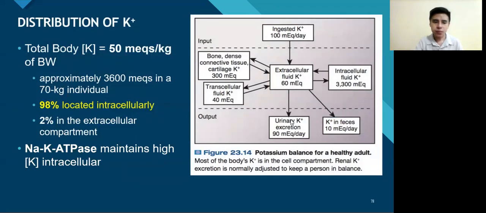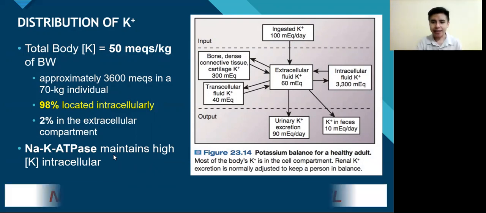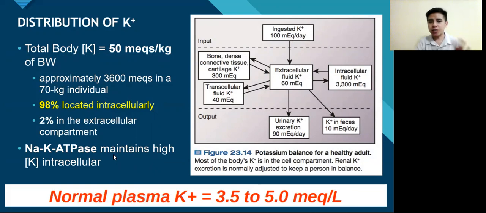The sodium potassium ATPase pump maintains the intracellular potassium high. The normal value for potassium is around 3.5 to 5.0. Some books will say 3.8 to 5.2, but that is the standard. Earlier I said the kidney is not very strict with sodium, because 135 to 145 gives a 10 milliequivalent difference between the upper and lower limit.